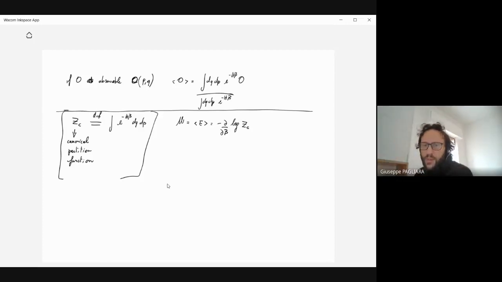So this function will allow us to derive all the thermodynamical variables, such as the internal energy, and represents the link between microphysics, because it contains the Hamiltonian and the integral over the Hamiltonian in the phase space, and thermodynamics, because it allows us to find the thermodynamical variables, which are macroscopic variables.